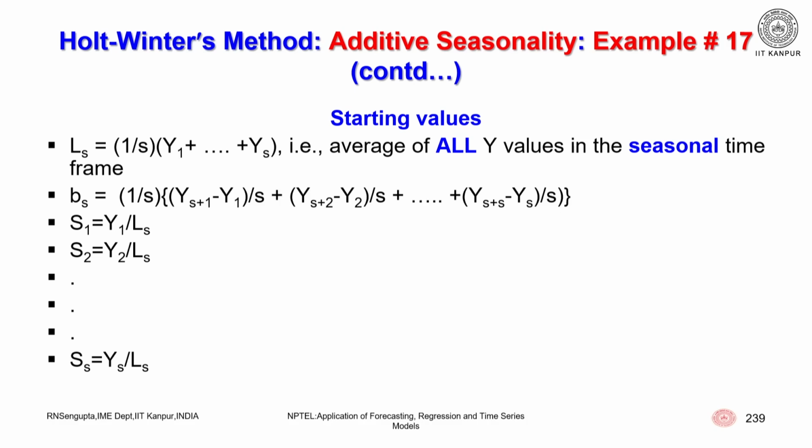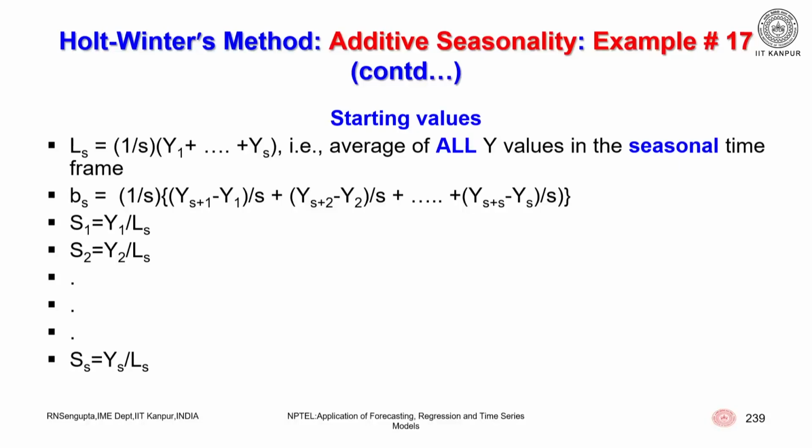If the seasonality were 6 months, you would take y1, y2, y3, y4, y5, y6, the average of 6 terms of y. I am just giving the concept for the suffix so that you do not get confused. And this concept of BS, which is the trend, we had discussed.